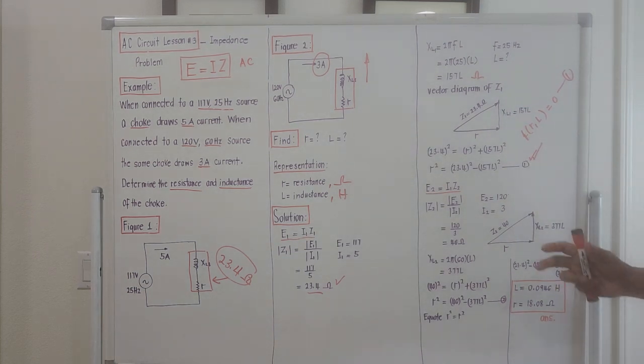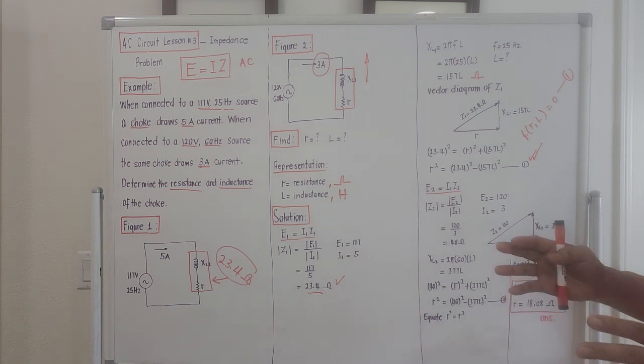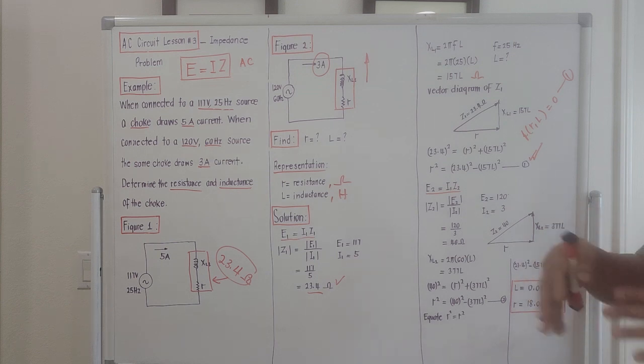Okay? We are formulating our own equation on how to solve for the unknown value of small r and L. Okay? That's how we work as a mathematician, or for us to be an engineer maybe later.